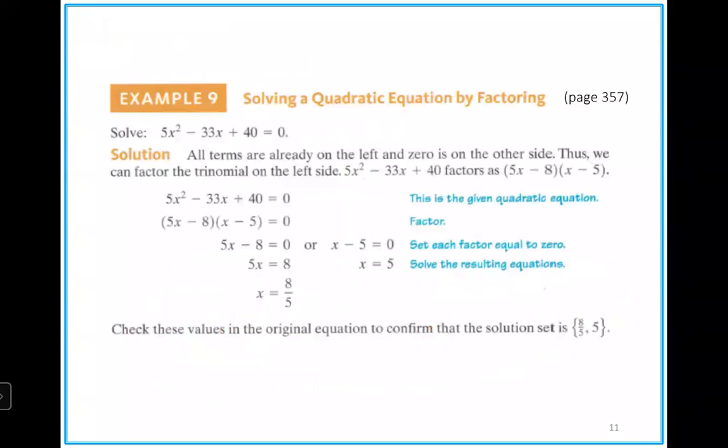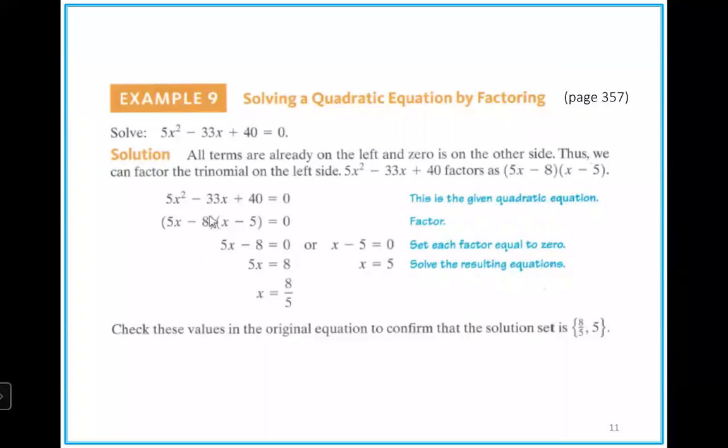Now we have one that's a little more involved: 5x squared minus 33x plus 40 equals 0. We already have all the terms on the left-hand side being equal to 0, so what we need to do is factorize. Once you factorize, as they got here, you get 5x minus 8 times x minus 5 equals 0.